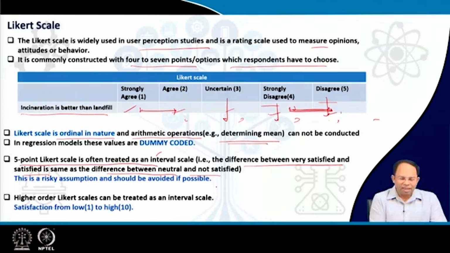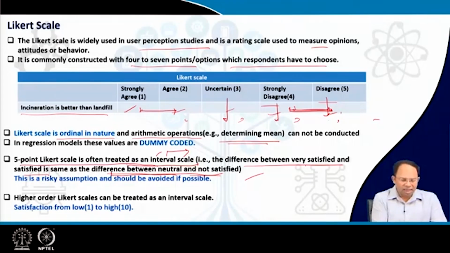Even though these are very qualitative statements, the gap in how people feel between not satisfied and neutral may not be the same as between satisfied and very satisfied. But people assume these are the same, right? In that case, we can consider this an interval scale, which means we can take the mean or a similar measure. But usually it is better to avoid.